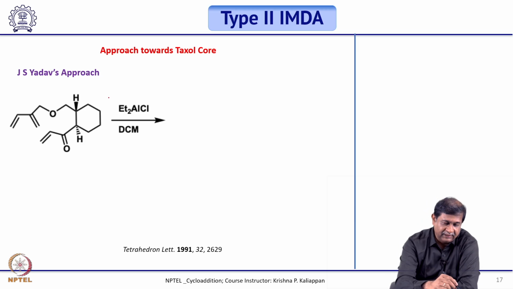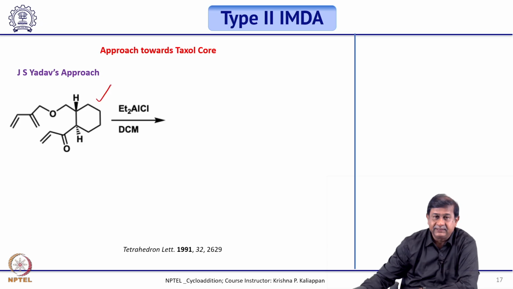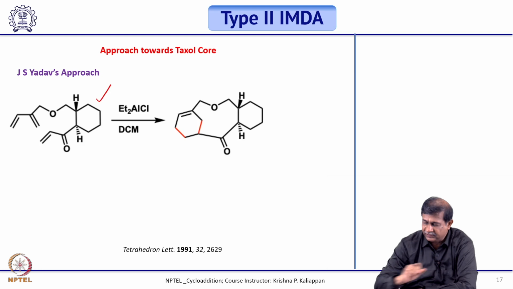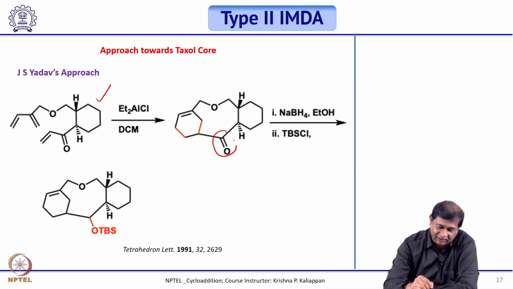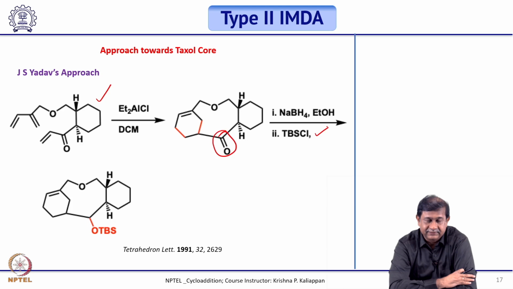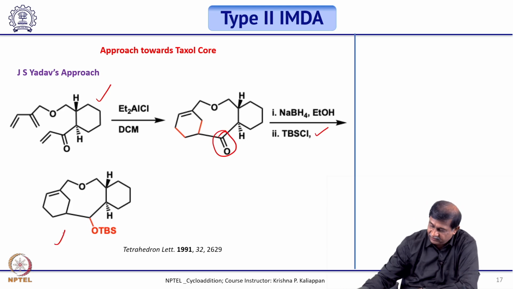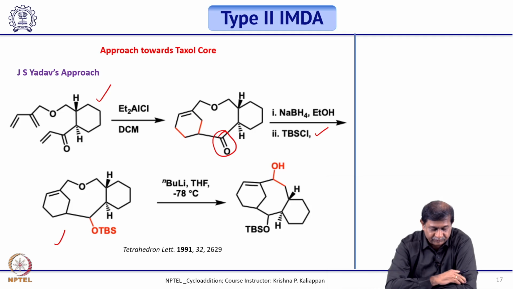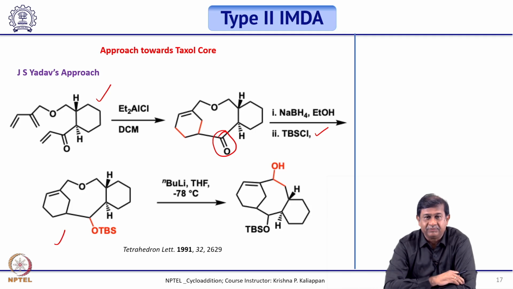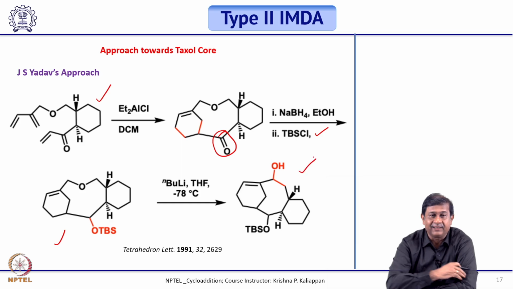So, this substrate smoothly underwent an intramolecular Diels-Alder reaction to give this tricyclic compound. This, upon reduction of the carbonyl group and protection of the resultant hydroxyl as TBS ether, gave this compound. Now, this tricyclic compound upon treatment with butyllithium underwent Wittig rearrangement to give this tricyclic compound.